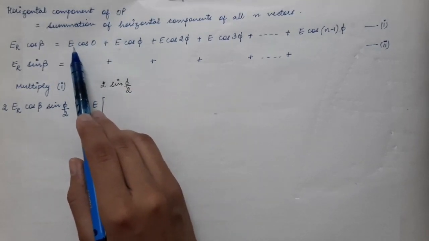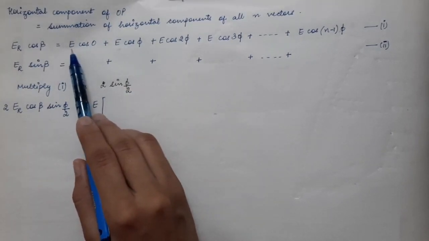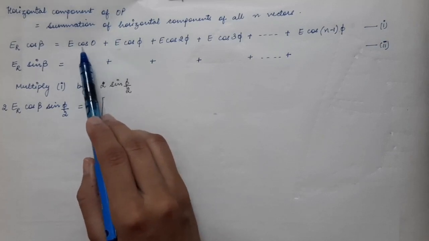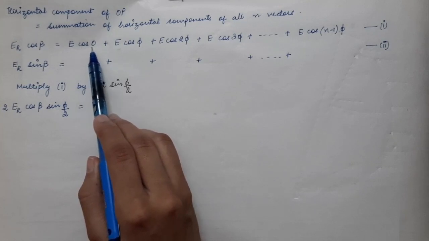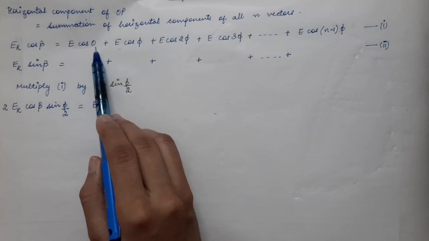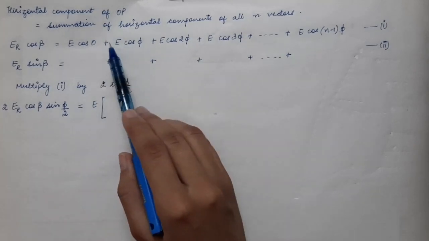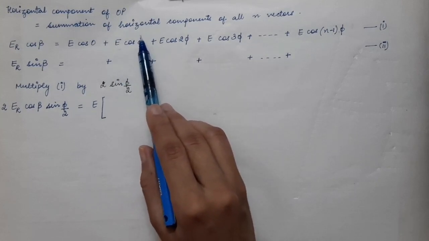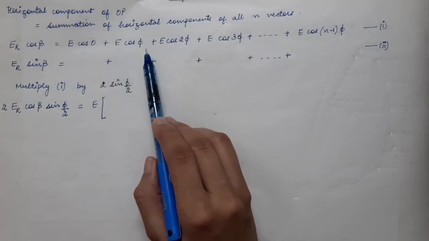So that will be equal to, the horizontal component of the first vector will be E cos 0, because it was parallel to the horizontal. The first vector was the AB vector, which was parallel to the horizontal. So E cos 0 will be the horizontal component of the first vector, plus the horizontal component of the second vector will be E cos phi, because it was making an angle of phi with respect to horizontal.